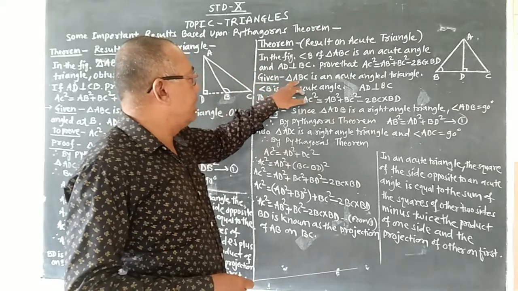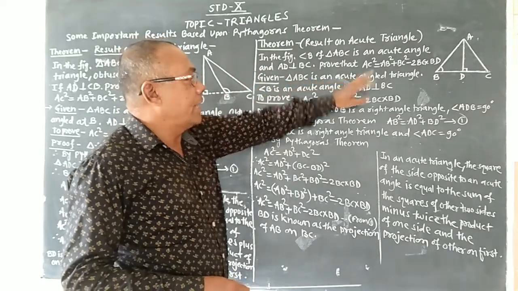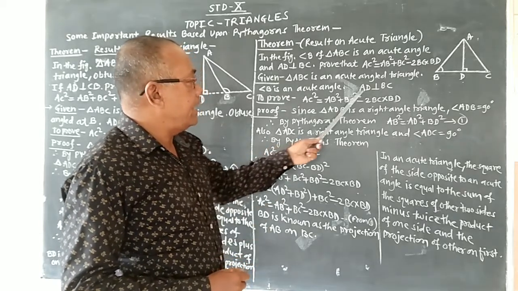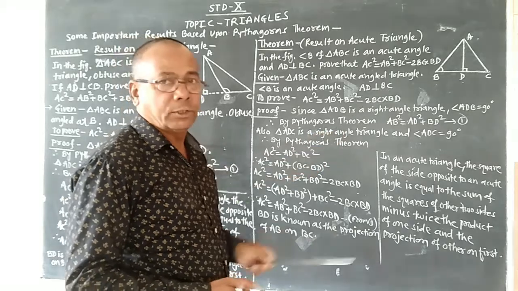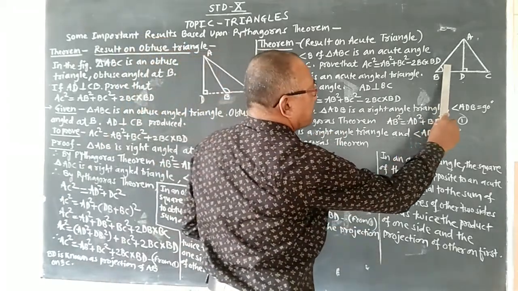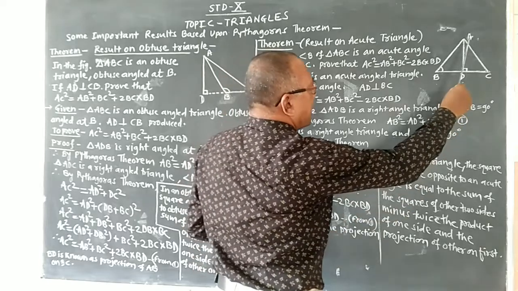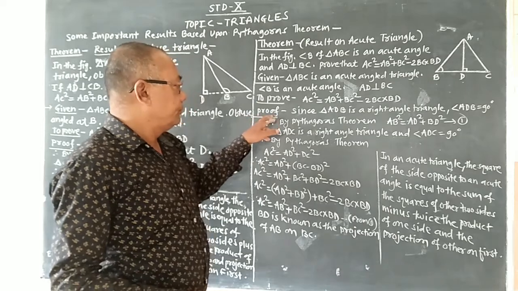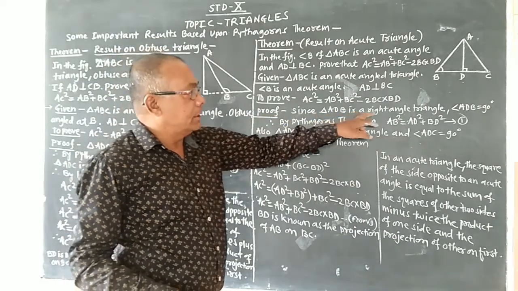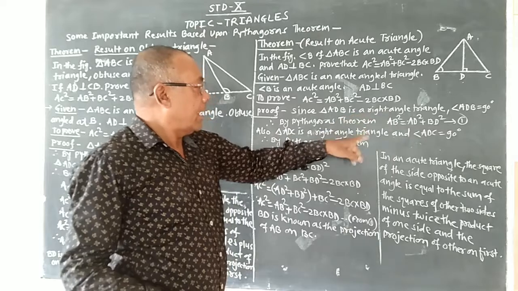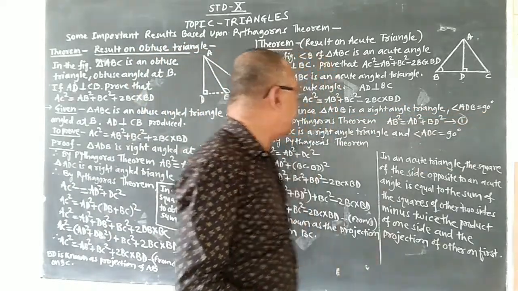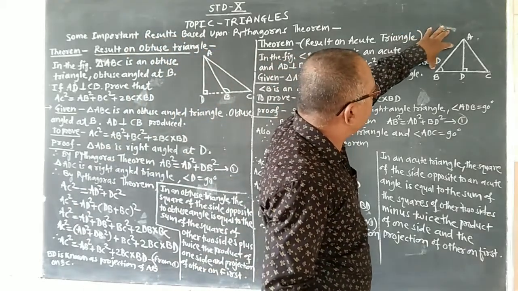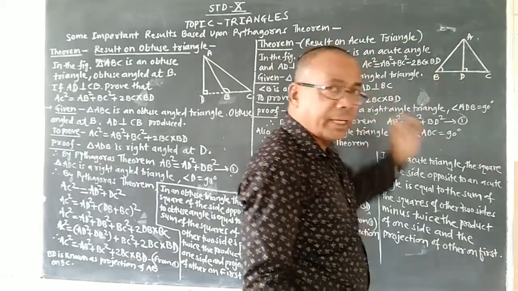Given is triangle ABC is an acute angle triangle, angle B is an acute angle, and AD perpendicular to BC. So first of all, we will consider the first right angle triangle, that is triangle ADB. So triangle ADB is a right angle triangle, angle ADB is equal to 90 degree, and therefore by Pythagoras theorem we can write AB square is equal to AD square plus BD square.